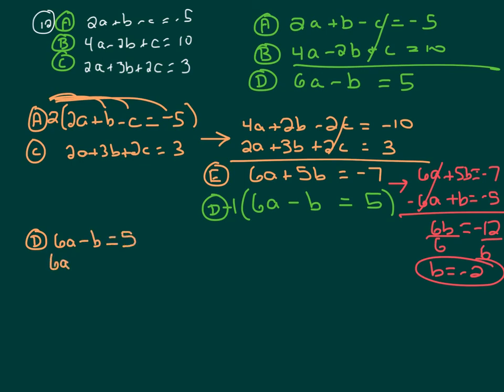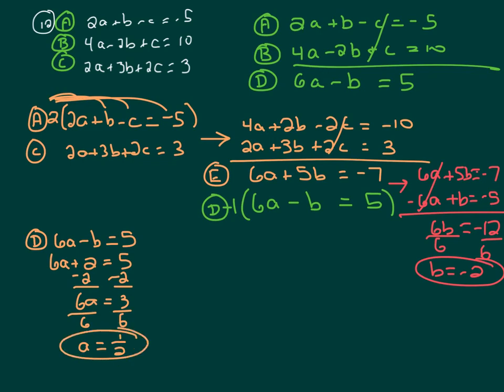So 6a, well, minus negative actually becomes plus 2. And so now when we solve this, we can subtract 2 from both sides and divide by 6. And again, when I did it in my calculator, I wound up with a being equal to 1/2, so it's looking good so far.